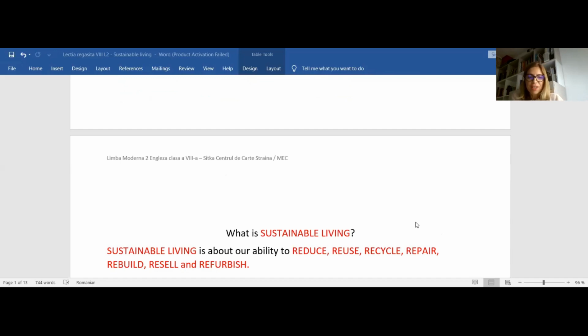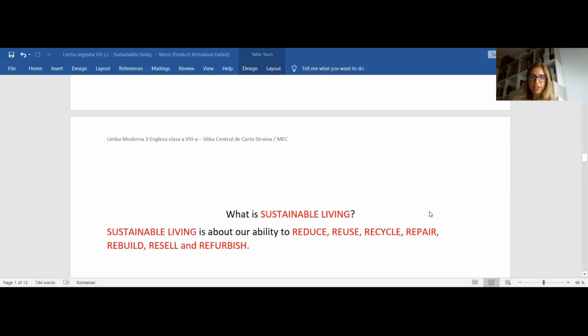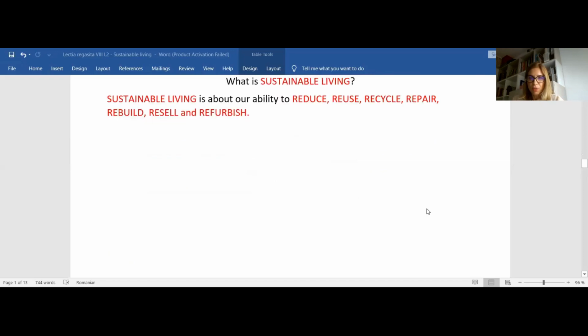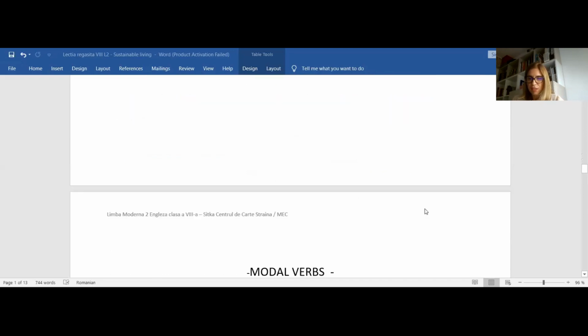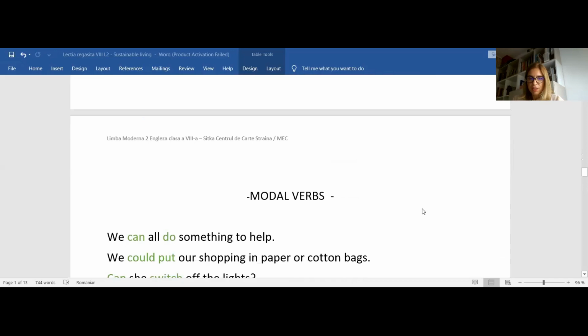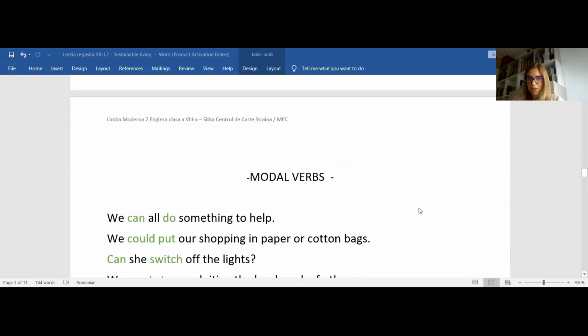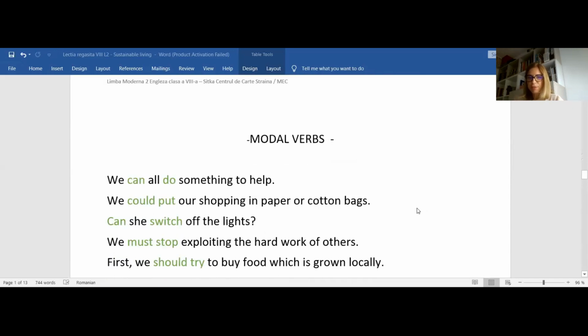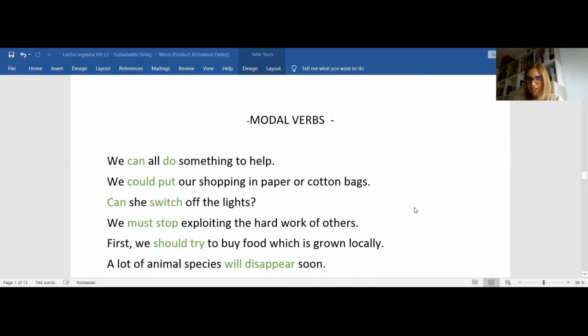Okay, with this we are done for the first part of our lesson, and for the second part, as I told you earlier, I would like to discuss a bit some features of modal verbs, and to do some practice exercises together, which focus on modal verbs.